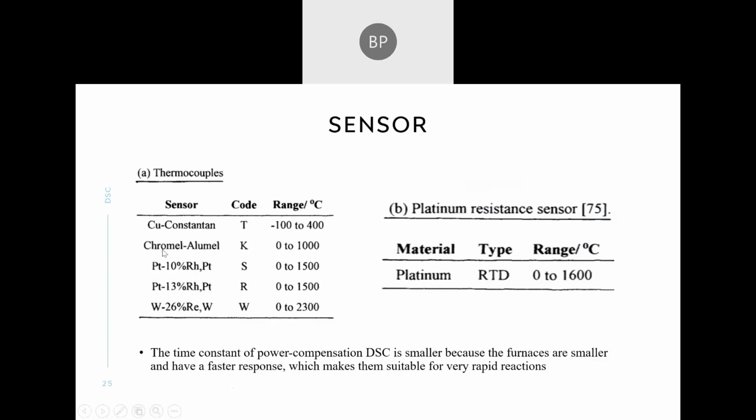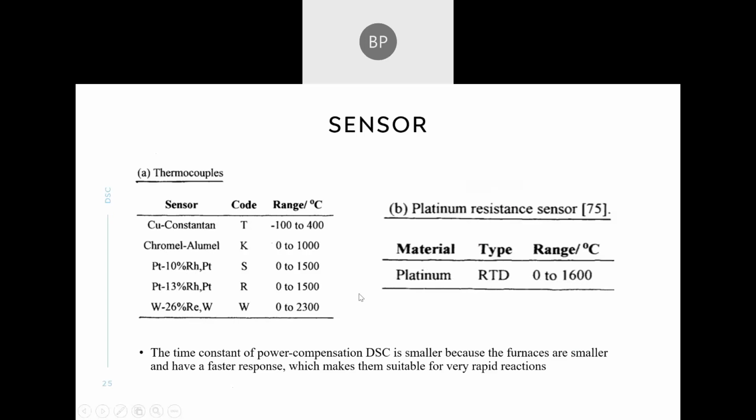Usually we would use a chromel-alumel thermocouple. If we recollect, in heat flux DSC they use a chromel-alumel thermocouple, whereas in power compensation DSC they use a platinum RTD having a range of 0 to 1600 degrees Celsius.